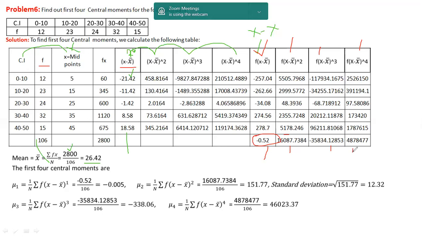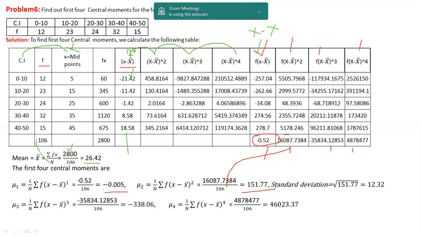Once we have all these sums, we divide by the total frequency. So minus 0.52 divided by the total frequency 106 is minus 0.005, which is the first moment. Similarly, we calculate another 3 moments. The second column sum divided by the total frequency 106 gives the second moment, which is also called the variance, 151.77.